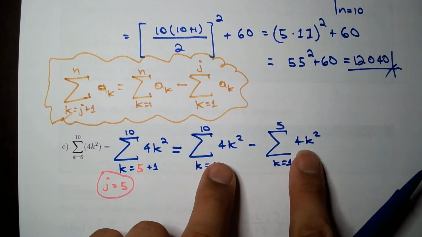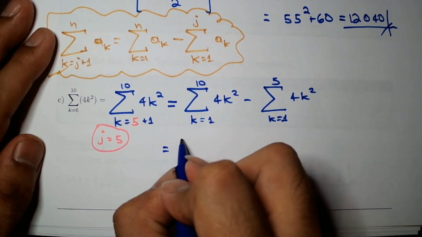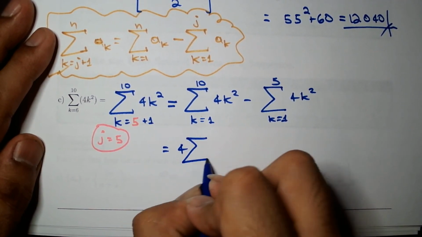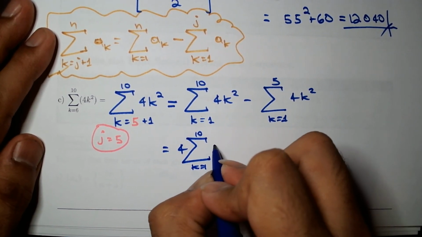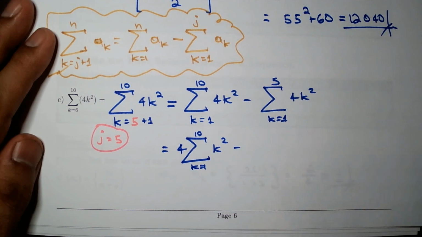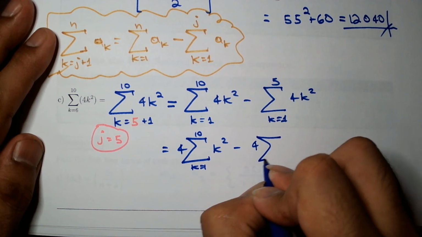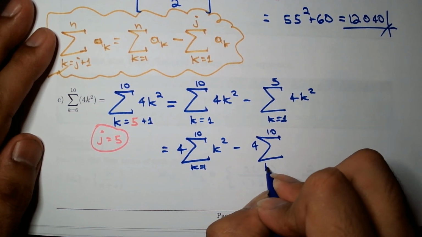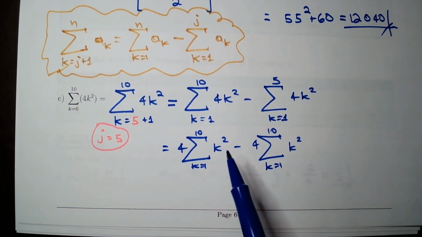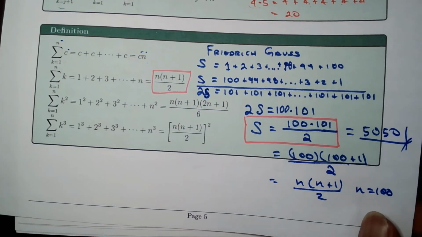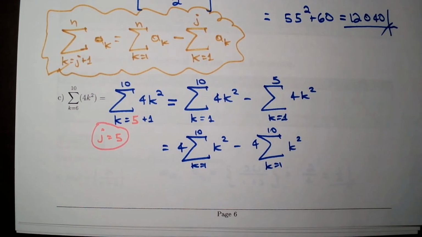So what are we going to do here? Well, let me take the 4 out of the sigma notation in this case, minus also 4. So what about the sum of perfect squares? Well, that's going to be a big formula: n times n plus 1 times 2n plus 1 over 6.